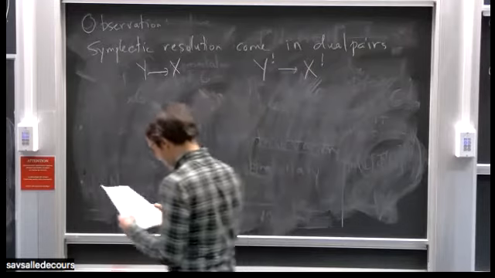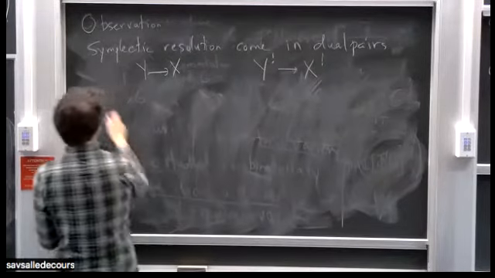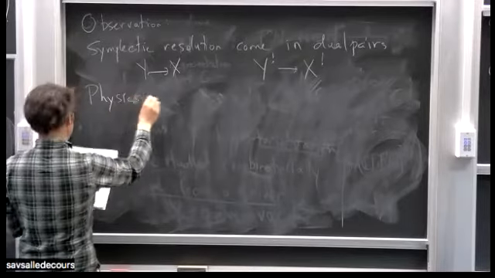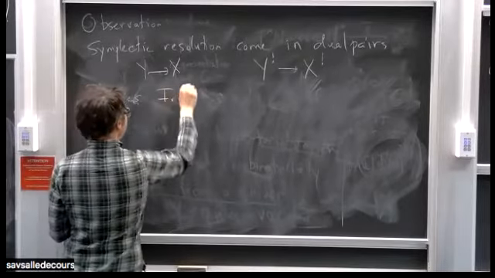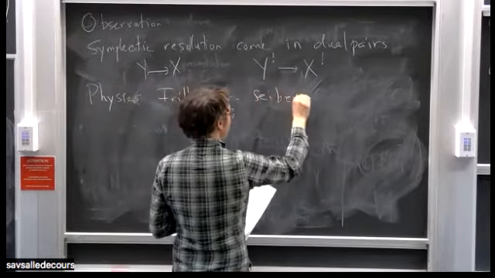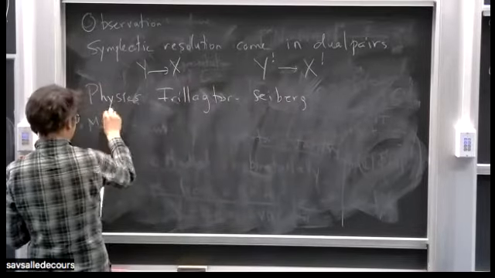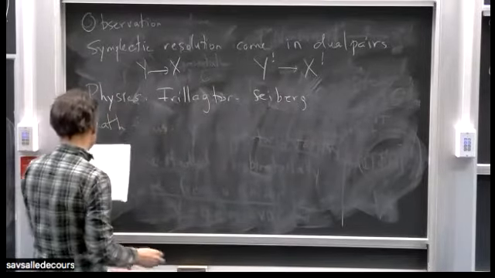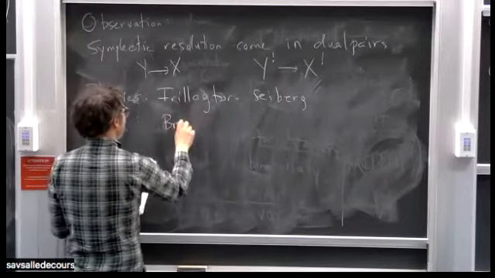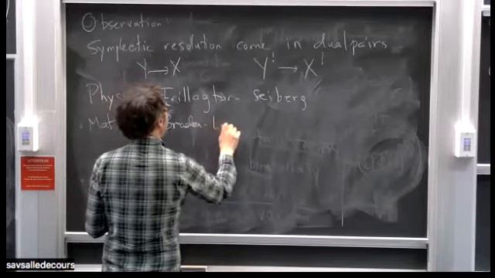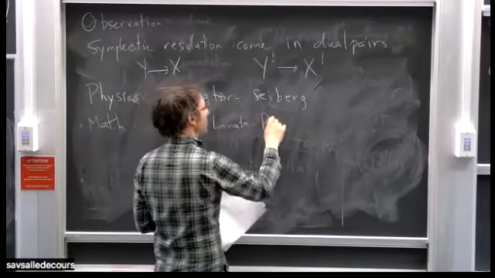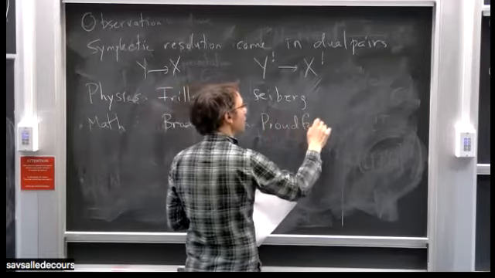So this observation was first made quite a long time ago in physics, maybe in the 90s, by Intriligator, Seiberg, and independently in math, also some time ago, maybe 15 years ago, by Braden and Webster.